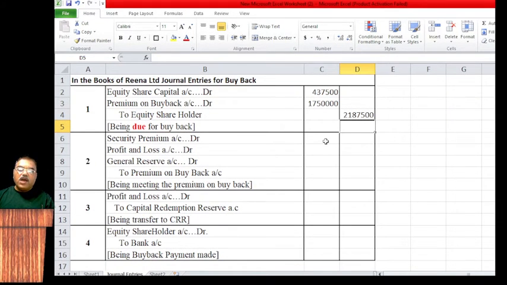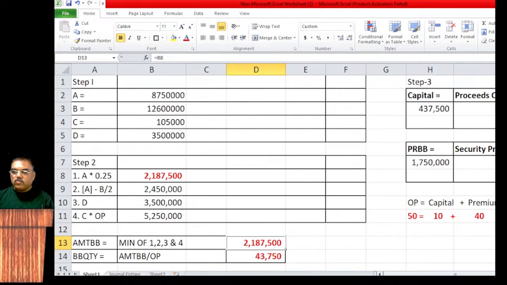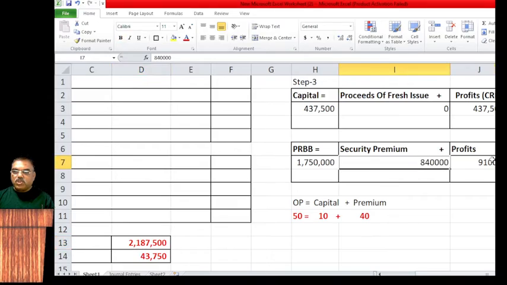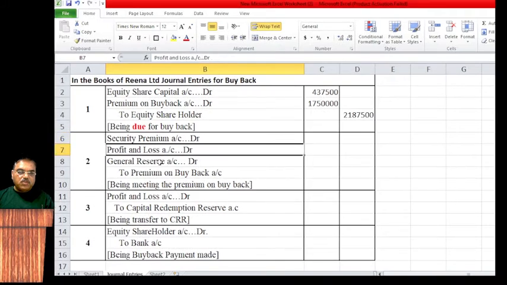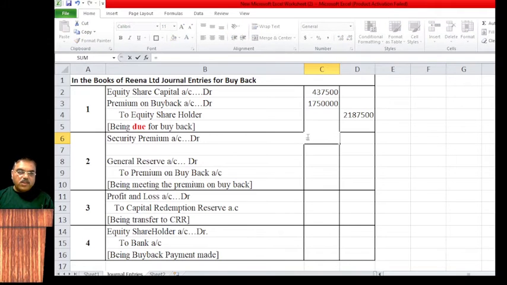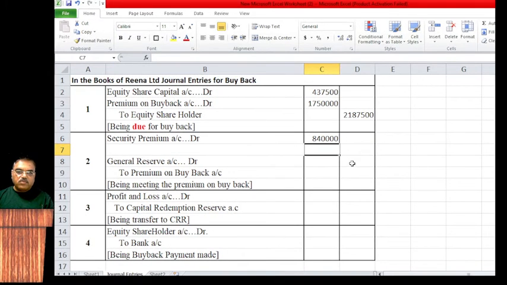Okay. Next is the premium on buyback. Here, that premium on buyback, you have taken it from which accounts? First is securities premium and general reserve. So here I want securities premium and general reserve. Profit and loss account is not there, so I will delete this profit and loss account because we have used only securities premium account. How much amount have we used from the securities premium account? 8,40,000.